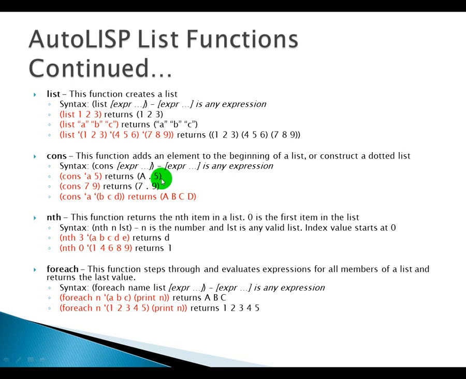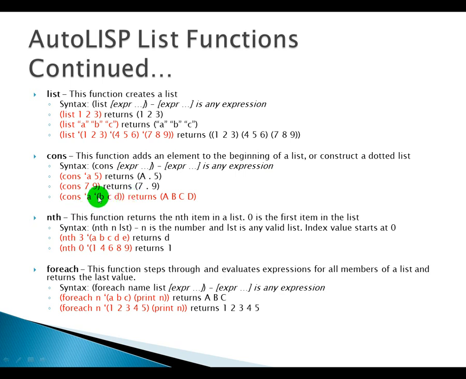This is the dotted pair. These are basically atoms, or just single objects. If we issue a cons of 7 and 9, it gives us (7 . 9). These are all dotted lists or dotted pairs.